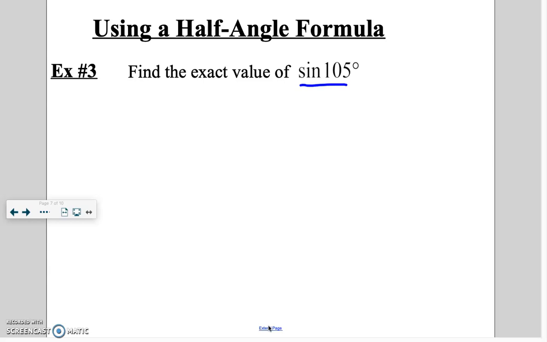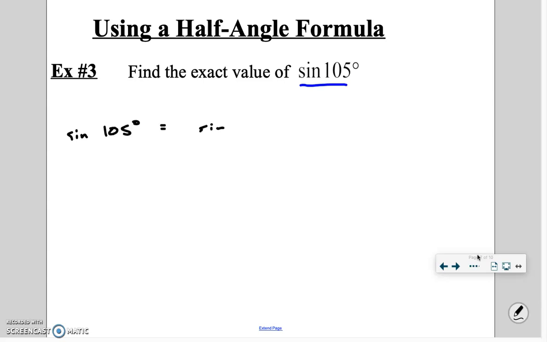So here we go. We want to find the sine of 105 degrees. Do we know the sine of 105 degrees from the unit circle? We do not. So instead, we need to realize that 105 degrees is merely half of 210 degrees.